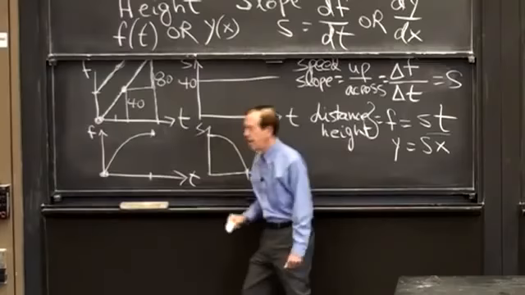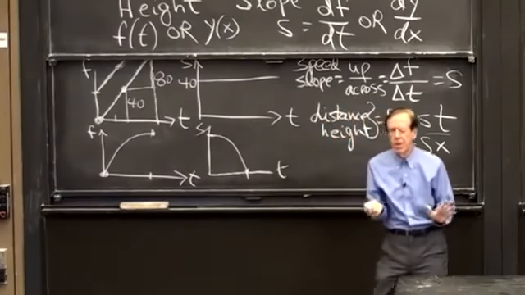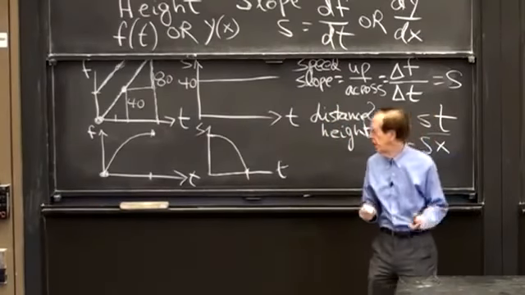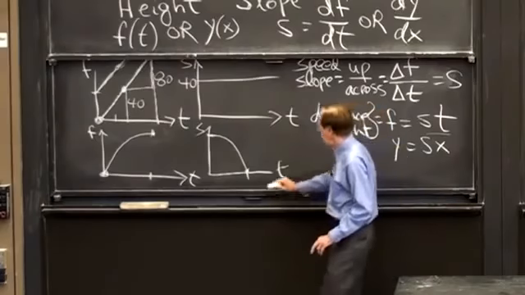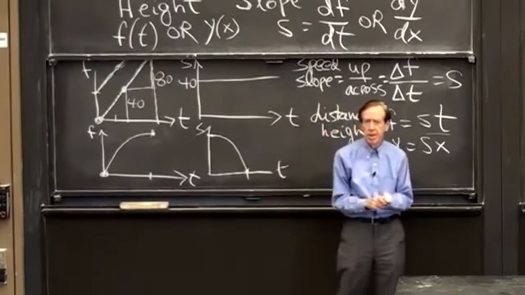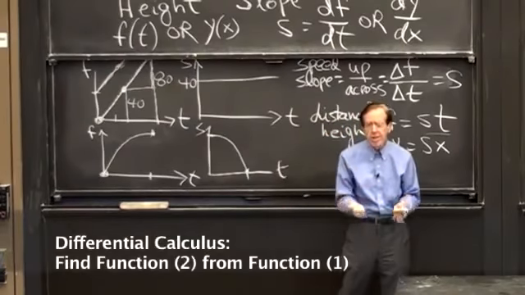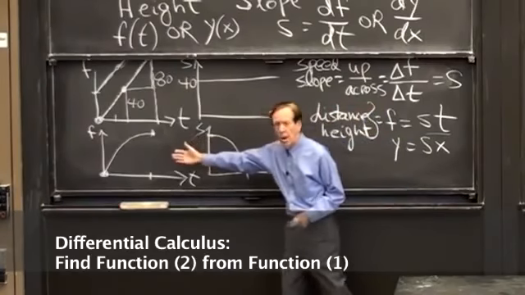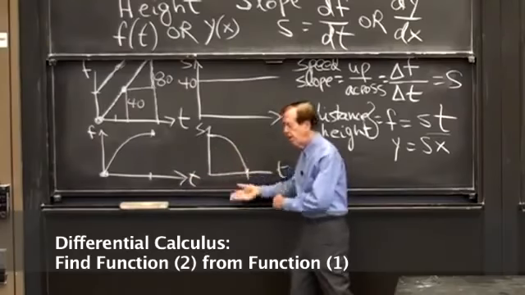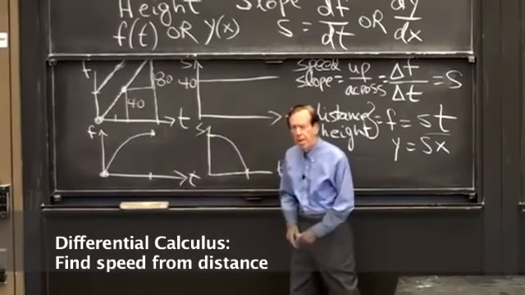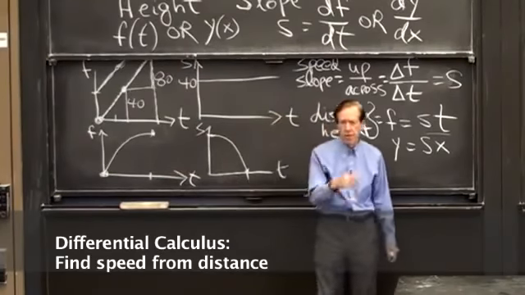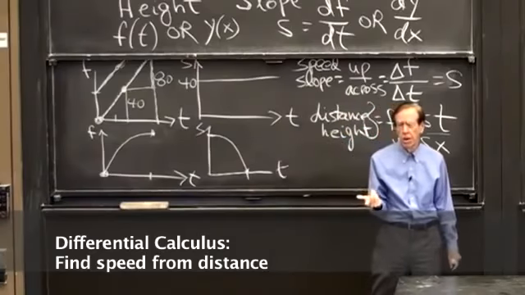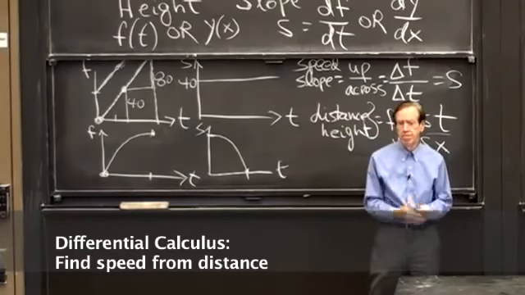That's that point. See, two different pictures, two different functions, but same information. So calculus has the job of, given one of those functions, find the other one. Given this function, find that one. This way, from function 1 to function 2, is called differential calculus.